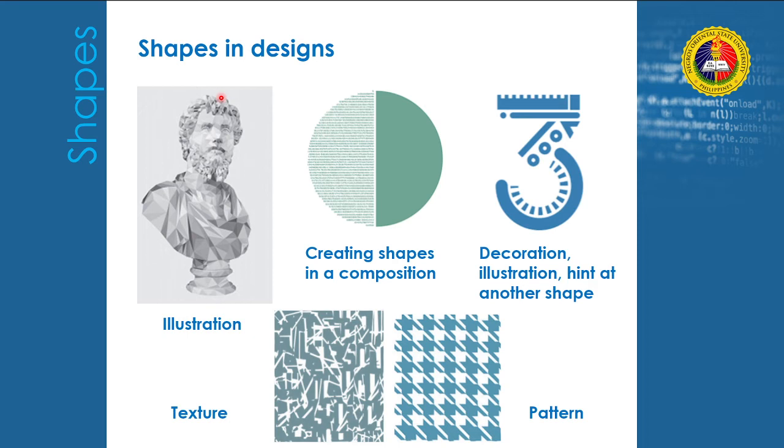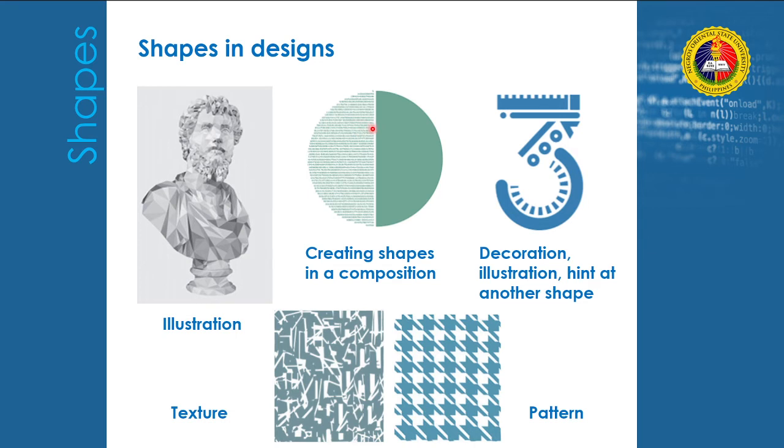So we can use shapes to create illustrations. In the second example, we use shape in creating a composition. It's really not a circle at all. Half of it is a half circle, and the rest is a combination of text. However, overall it creates a composition.